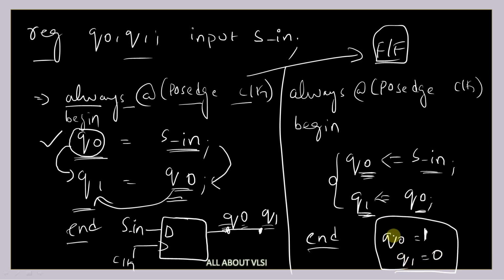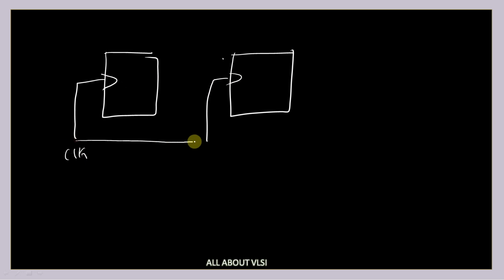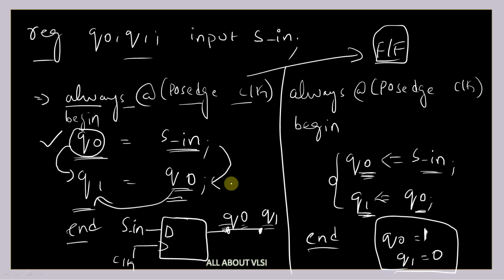If you want to see the diagram of this second case, this is how it is going to look. Two D flip-flops will be yielded, with the positive edge of the clock connected to both flip-flops, and here we give the input, here we get Q0, and here we get Q1. So this is the difference between blocking and non-blocking assignments.